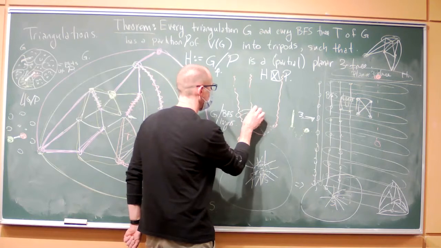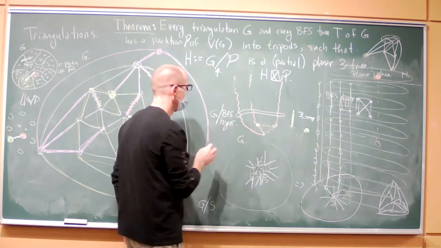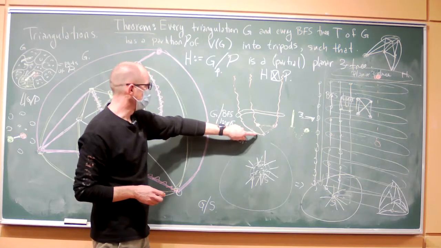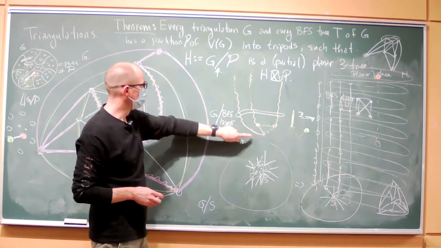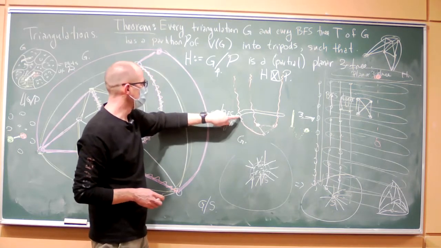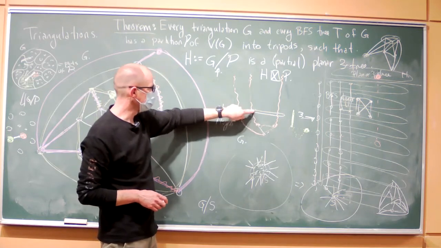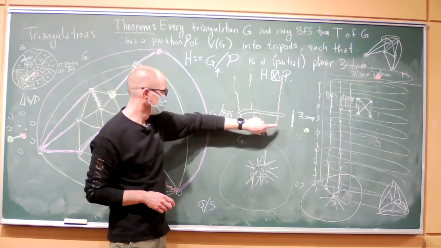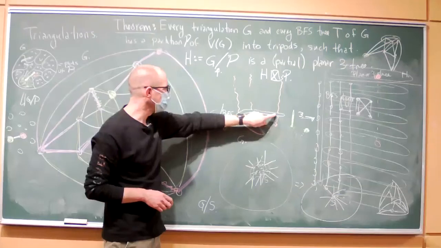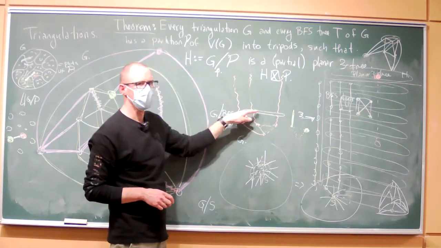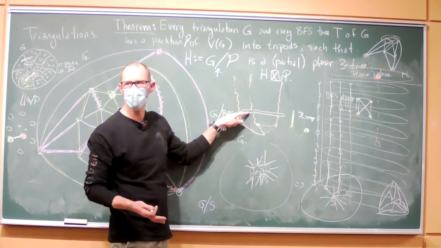What I know is that each of the legs of the tripod is going up in the BFS layers. So if I know the layer it is and it's on this leg, then it's that vertex. If I know which layer it is and it's on this leg, it's that vertex. And if I know which layer it is, this leg, it's on that vertex. So I don't quite know what it is yet. I know what it is up to 3 locations. It's on one of the 3 legs. I'm just not sure which one.